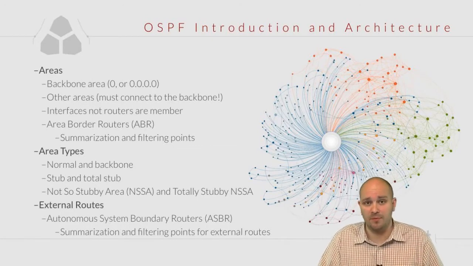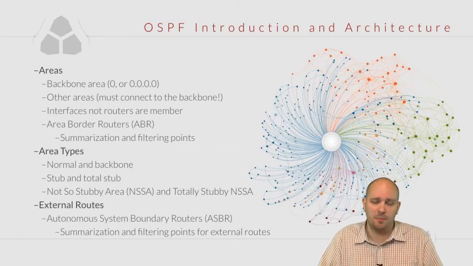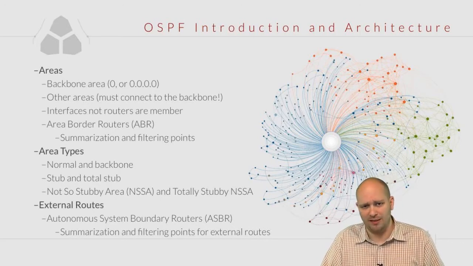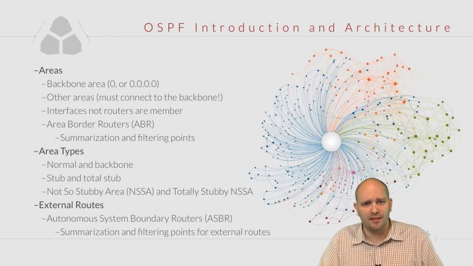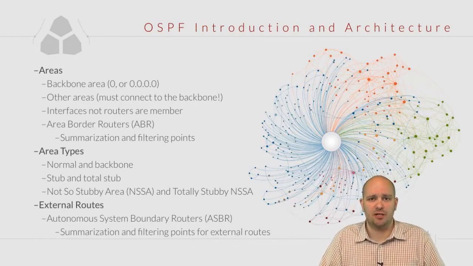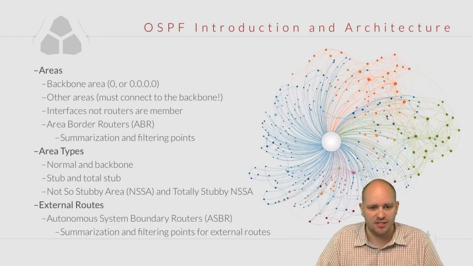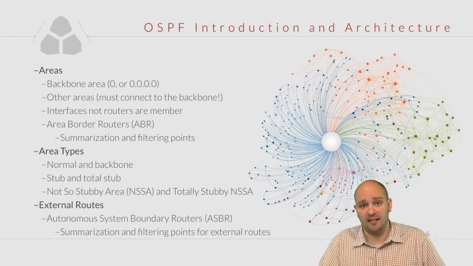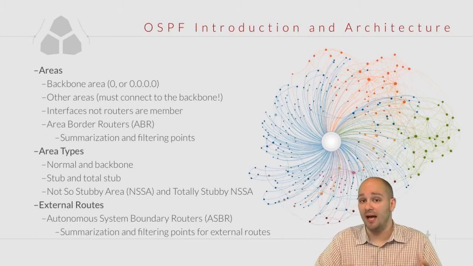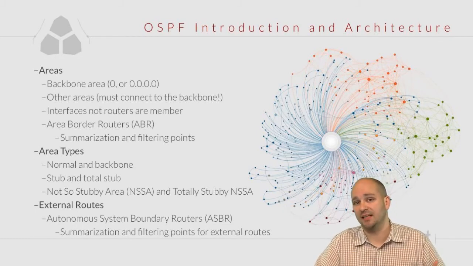This is how it can be represented in IOS, but technically speaking it's also a 32-bit number, just like the router IDs are 32-bit numbers, but area 0 is a special case and it can be represented as just 0. There are other areas that can have any identifier, also a 32-bit number, and in IOS they can also be represented as a single number.